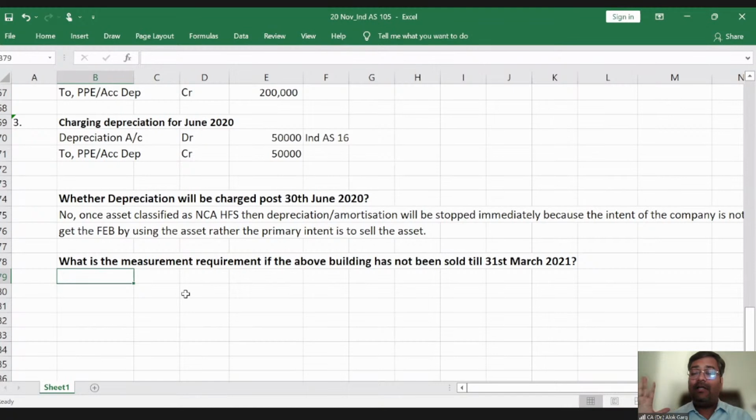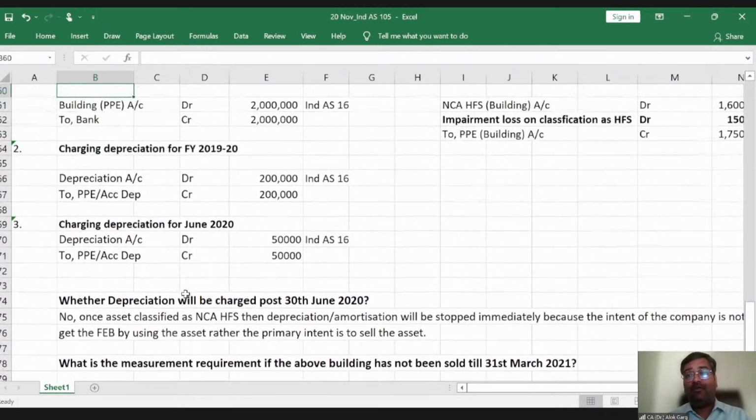We understood the measurement at the time of initial recognition of non-current asset held for sale. We need to compute the carrying value as per the respective standard, compute the fair value less cost to sell, and recognize the NCA HFS at the lower of the two.